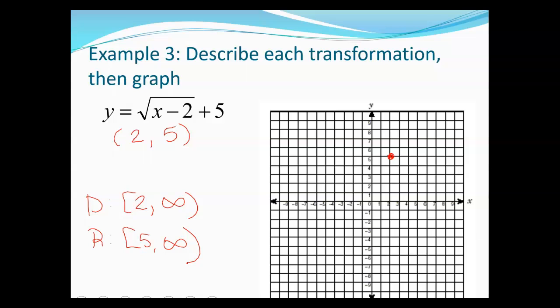So now those same transformations in the table, it would be 0 plus 2, 1 plus 2, 4 plus 2, 9 plus 2. Now, you can always plug in numbers.